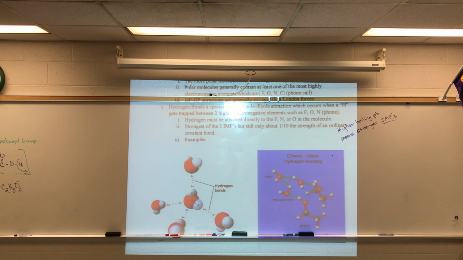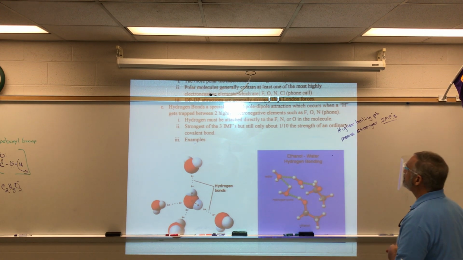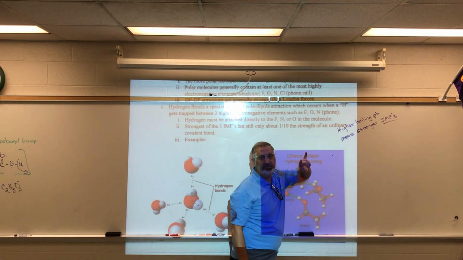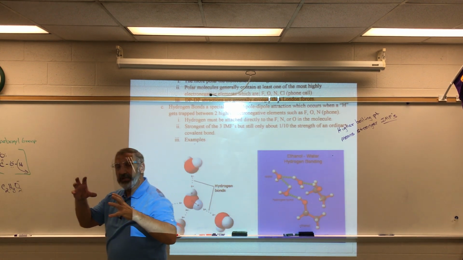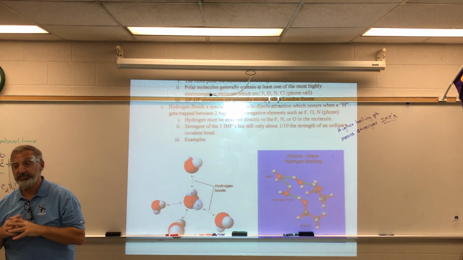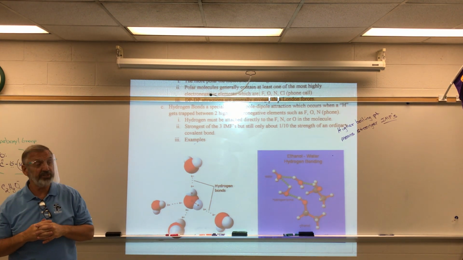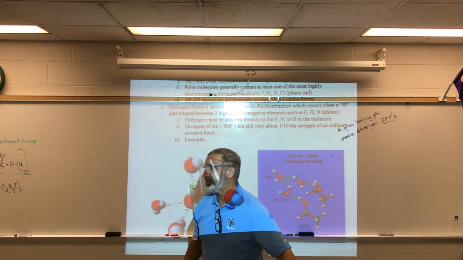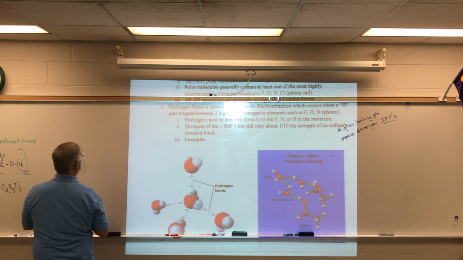Special type. It's where a hydrogen gets trapped between two highly electronegative elements. Now this time it's only fluorine, oxygen, and nitrogen. Chlorine is too big, so it really doesn't form hydrogen bonds. And the hydrogen has to be directly attached to that.